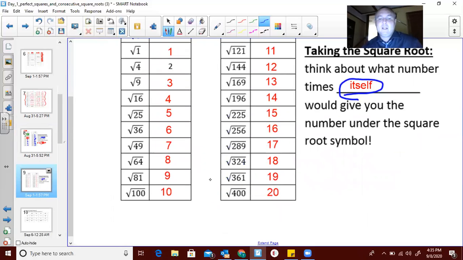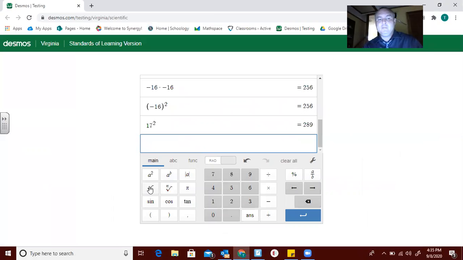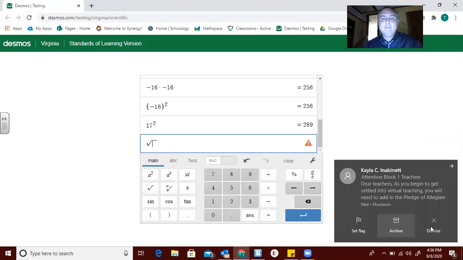Now, if we wanted to go the Desmos route, which I would highly suggest, I can use this square root button. We use this square button right here where my mouse is. The opposite is the square root button. This is the same symbol that we saw on the board.